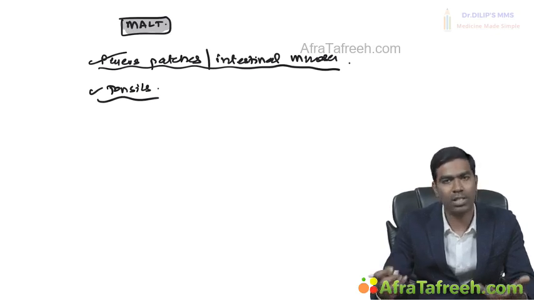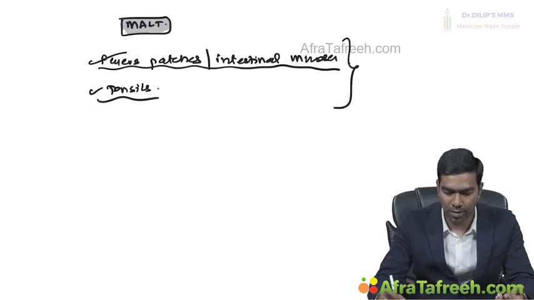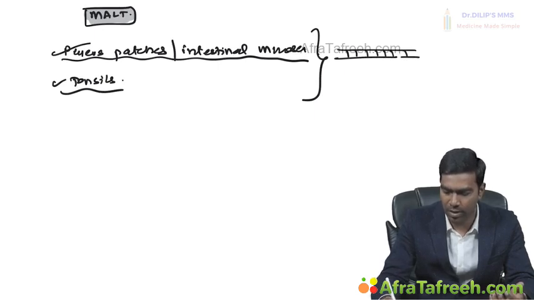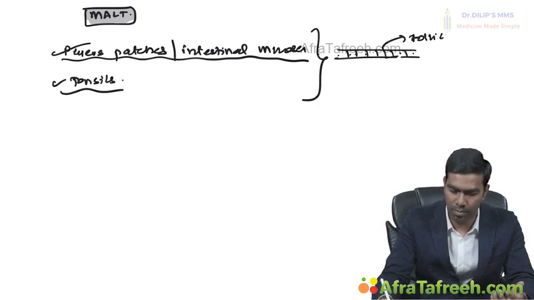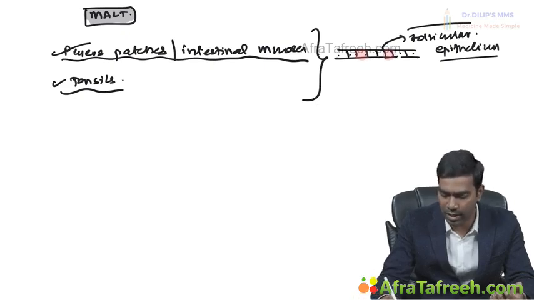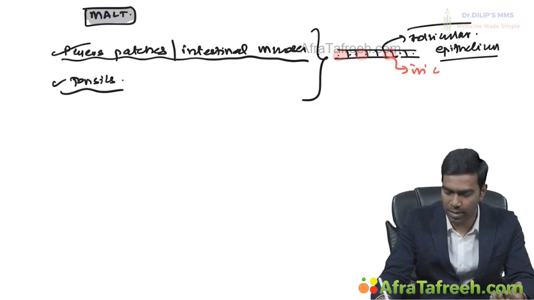The speciality of the MALT is, first, that they contain a specialized epithelium called follicular epithelium, or follicle-associated epithelium. This follicular epithelium contains specialized cells called M cells.